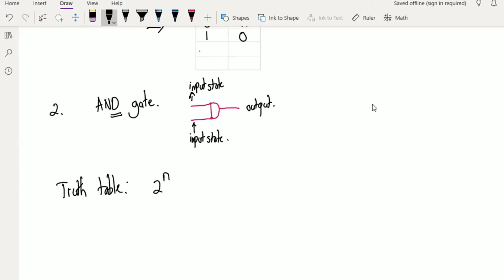This time, n is going to be 2 because we have two possibilities. So that would be 2 times 2, which is 4. All right, let's insert our table. I think this time we actually have to use a larger table.